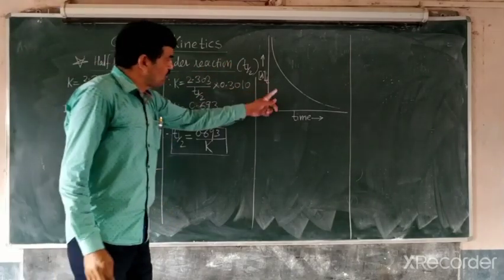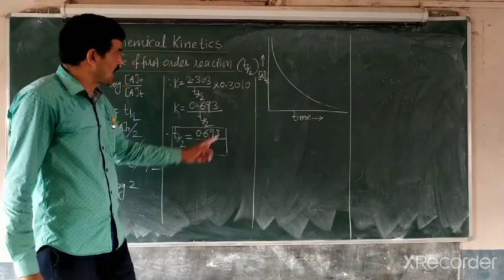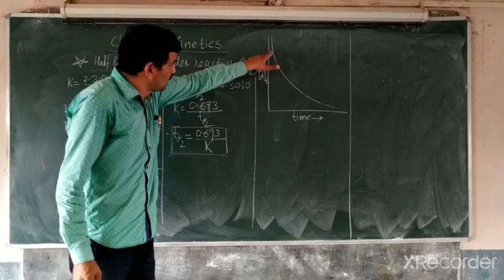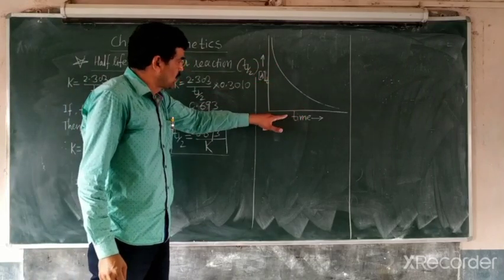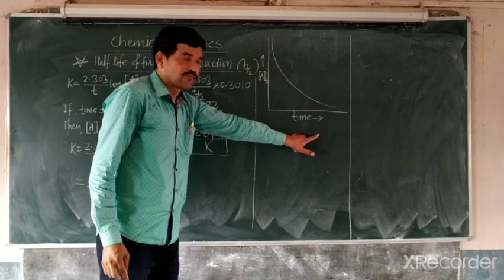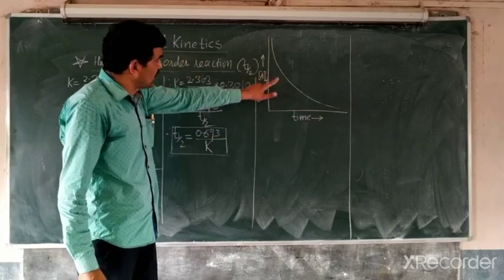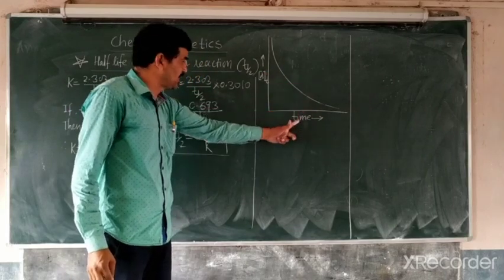So from this graph we can say that in the first order reaction the concentration of the reactant decreases with increase in time. The concentration of the reactant decreases exponentially with increase in time.